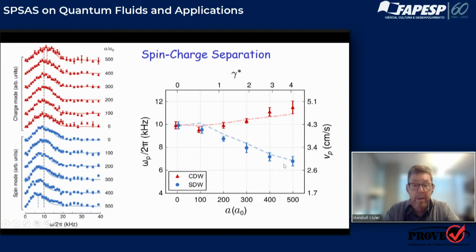You can get the speed of the spin wave in blue in comparison with theory, and the speed of the charge wave given in red. So the charge wave actually speeds up with increasing interaction, but the spin wave slows down, and they very clearly have different speeds. So this is the spin charge separation.